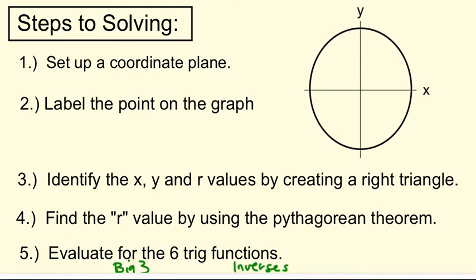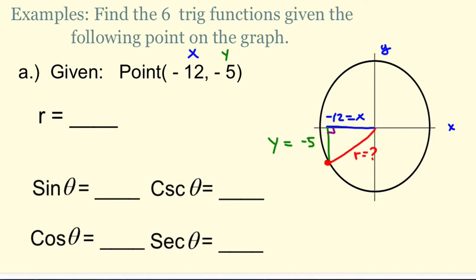Now identify the r by the Pythagorean Theorem. So x squared plus y squared equals r squared, or the shortened form, r equals the square root of x squared plus y squared. So now we sub in the values.